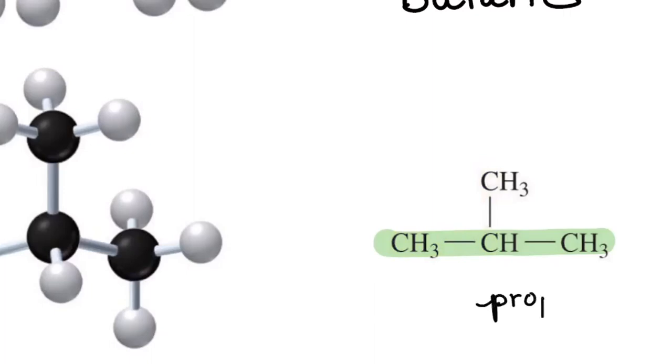That is propane, because there are 3 carbons in a row. Now, we have to actually give a name to that group that is outside. The group extending from the longest continuous chain is called a substituent.